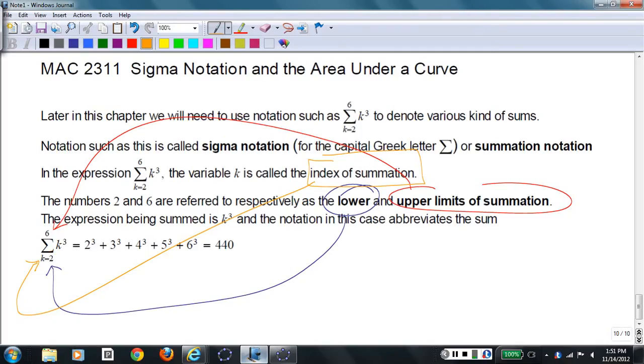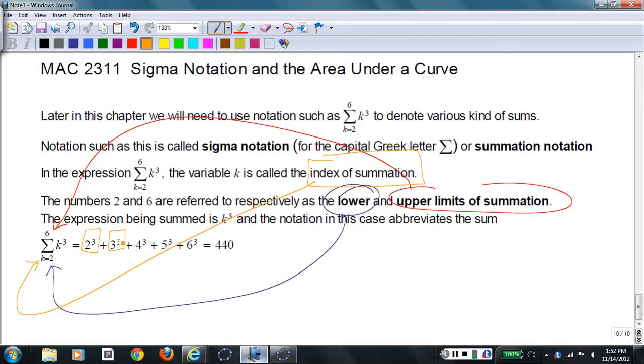Basically, we take the expression over which we're calculating the sum, and beginning with the lower limit, we substitute that number for the variable. Substitute 2 for k, we evaluate the expression, we get 2 cubed. We substitute 3 for k, we get 3 cubed.